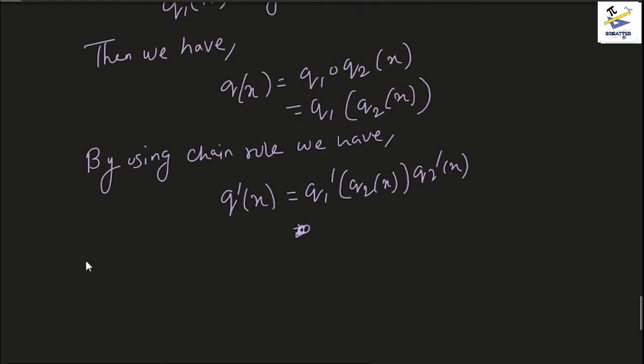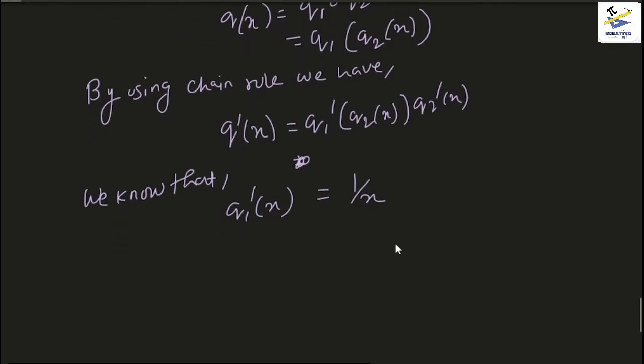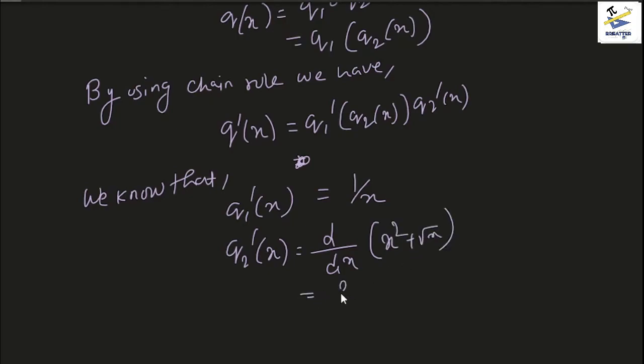So by basic derivatives we know that q1 of x derivative is just 1 by x, and for q2 of x we have d dx of x square plus root x, which basically is 2x plus, and the derivative for this is basically 1 by 2 root x. So this is the derivative for q2 prime x, right?